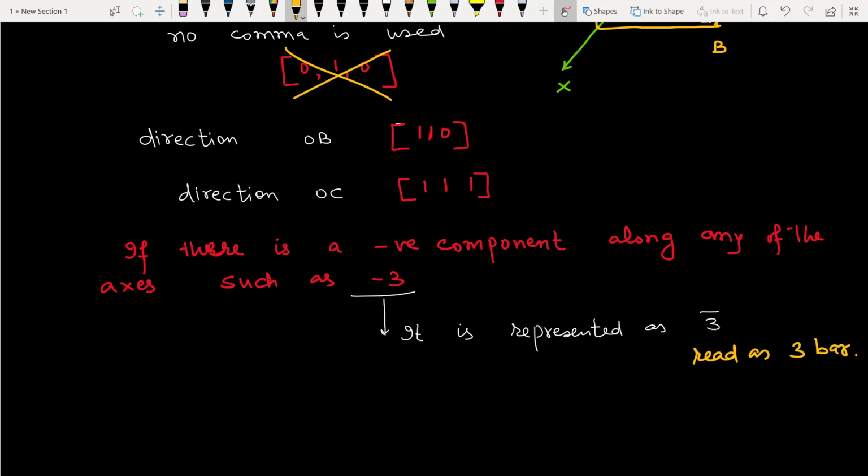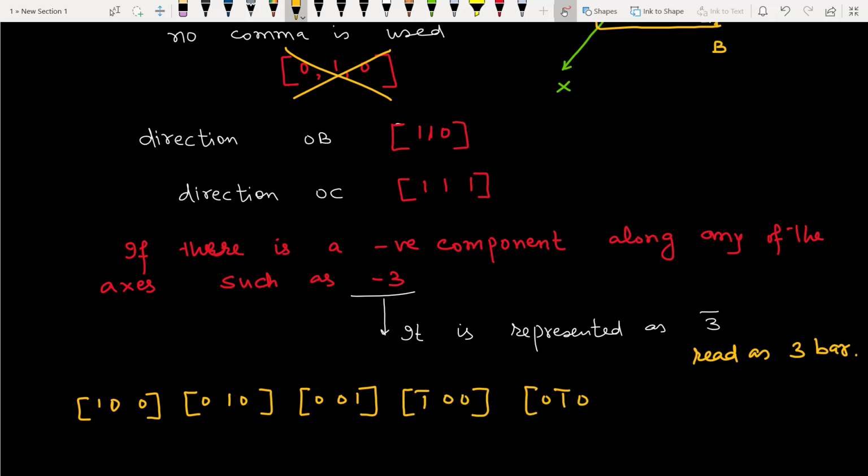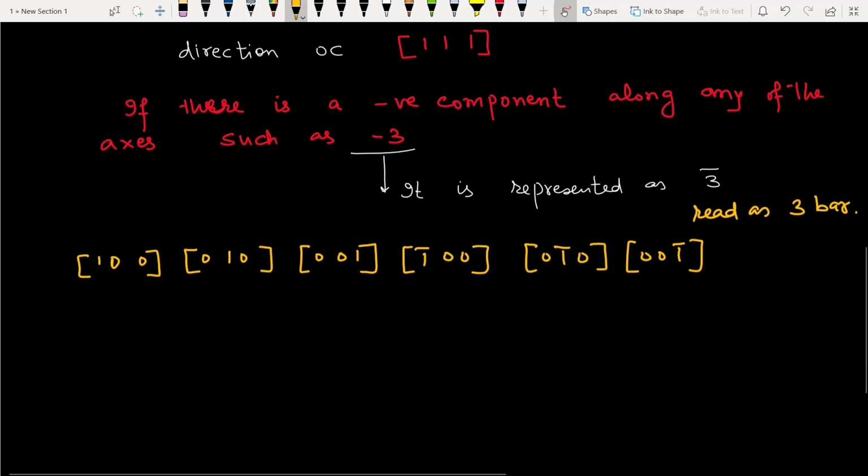One more important point is, if the directions 1 0 0, 0 1 0, 0 0 1, 1 bar 0 0, 0 1 bar 0, 0 0 1 bar, all these directions are equivalent. They are the same.